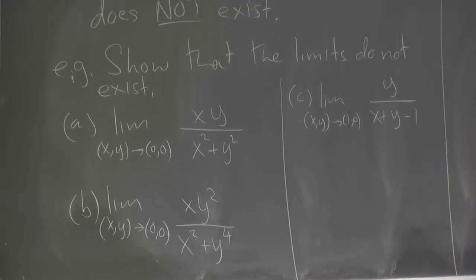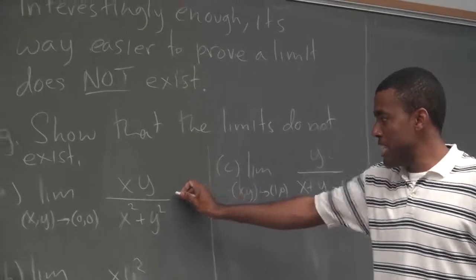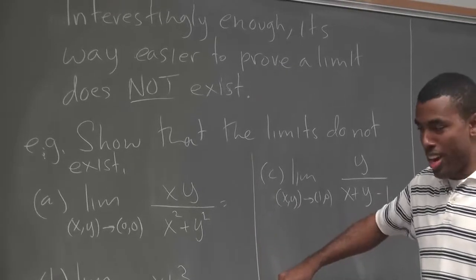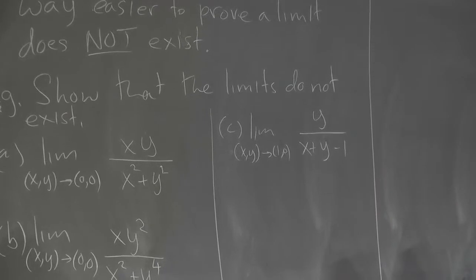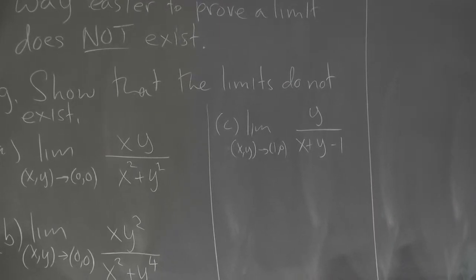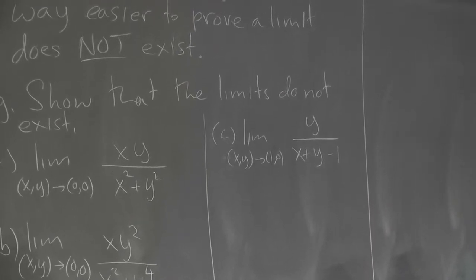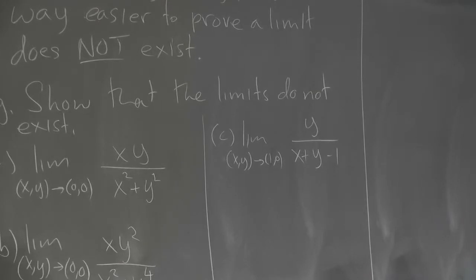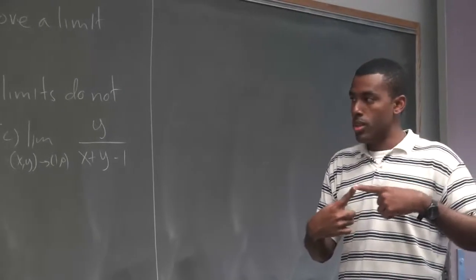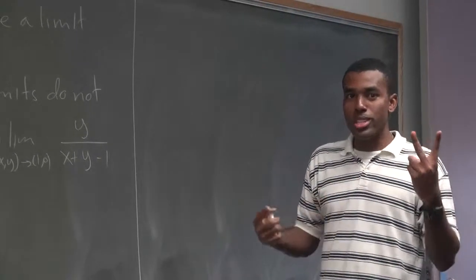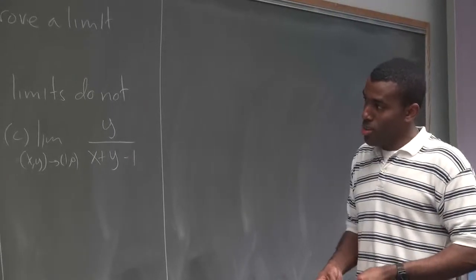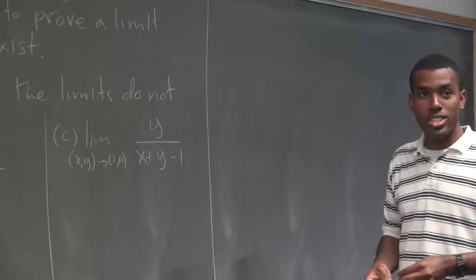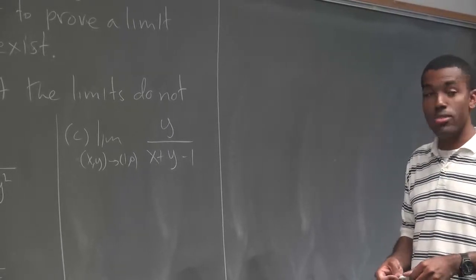The idea here is that saying this limit equals any number is going to be the wrong answer, because it actually does not exist. We're going to show later on how to show that something does exist. The idea behind limits is that for it to exist, it has to exist no matter what direction you're approaching from, which means all we have to do is show two directions in which it doesn't work. We're going to pick the two directions that give us different answers.